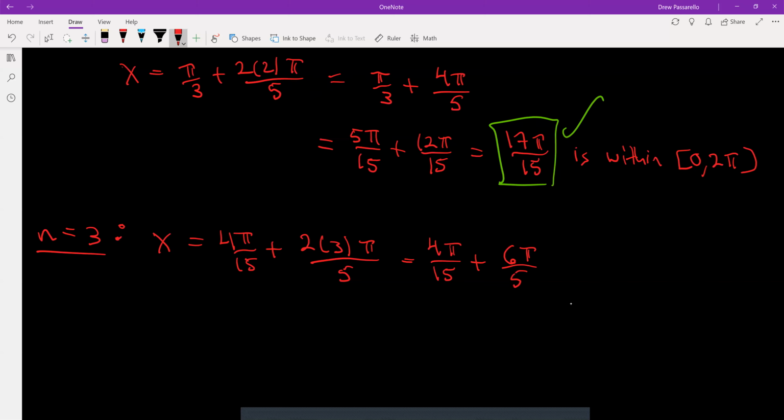Same denominator I need is 15. So this one, second fraction, multiply that top and bottom by 3. So 6 times 3, that's going to make that 18. And then I do 18 plus 4. So 22 pi over 15.